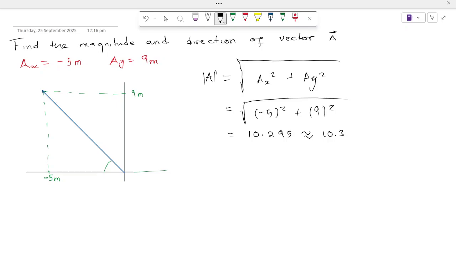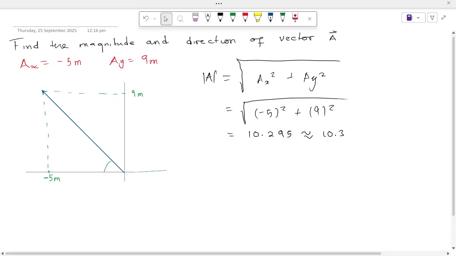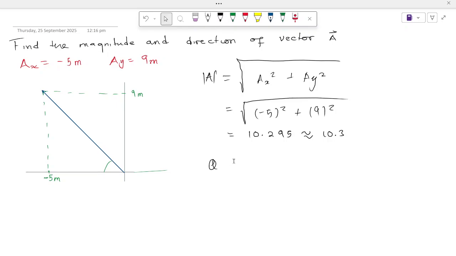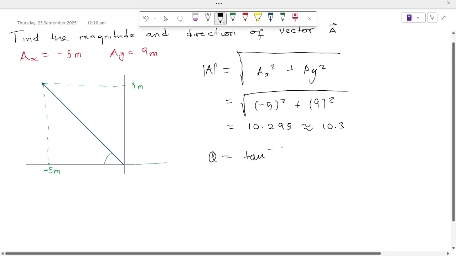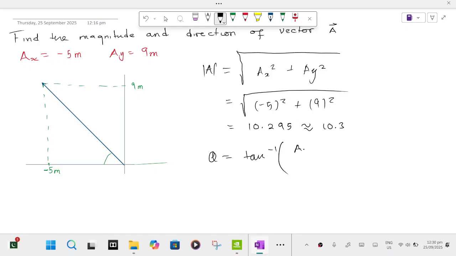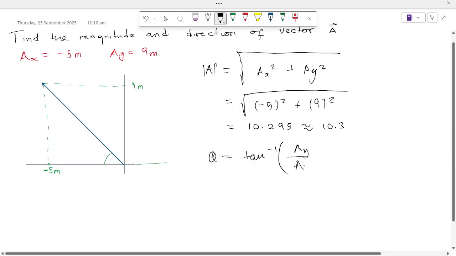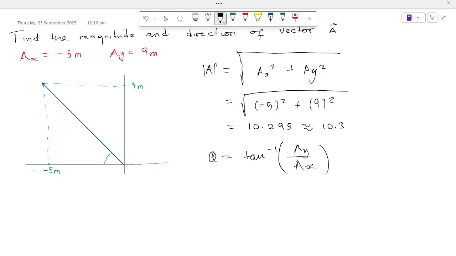Now moving on to find the direction of this vector, we're going to say theta will be equal to the tan inverse of the y component over the x component, and we're taking the positive value of either of the two.